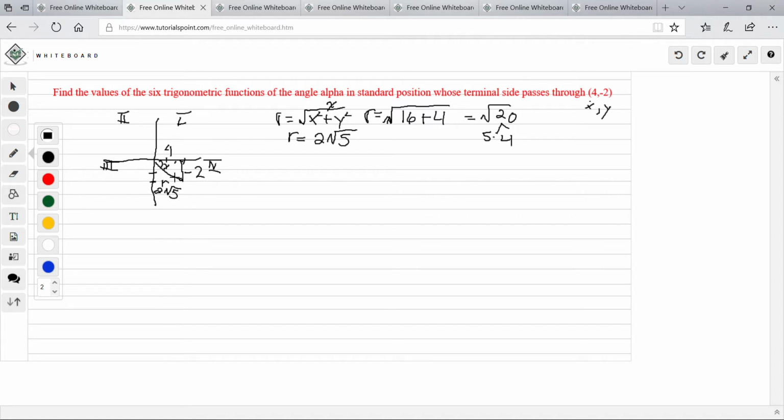We found r, our radius. Now we've got to find cosine alpha, sine alpha, tangent alpha, cotangent alpha, secant alpha, and cosecant alpha. Let's find cosine alpha.